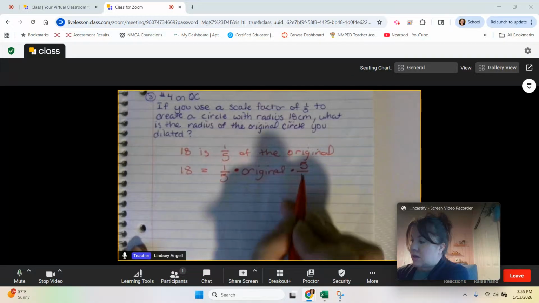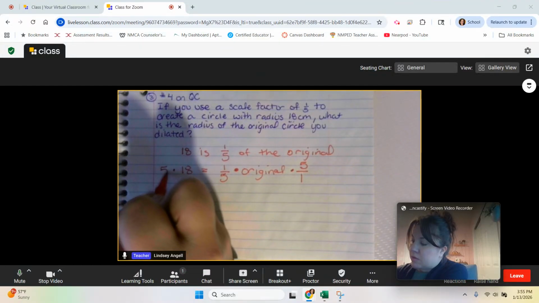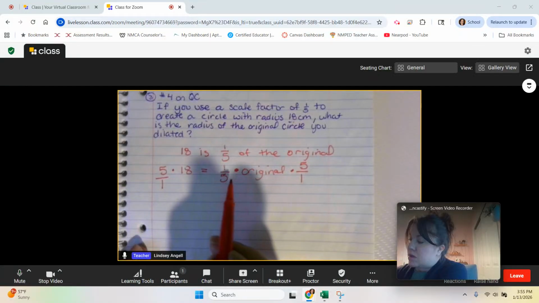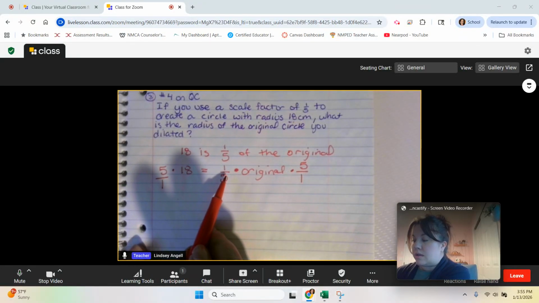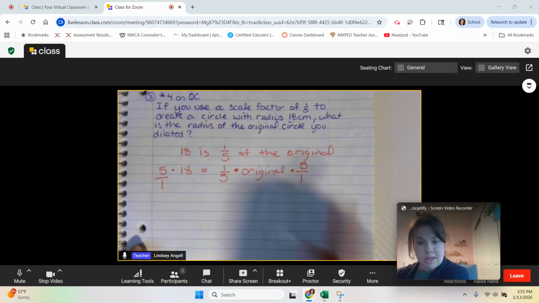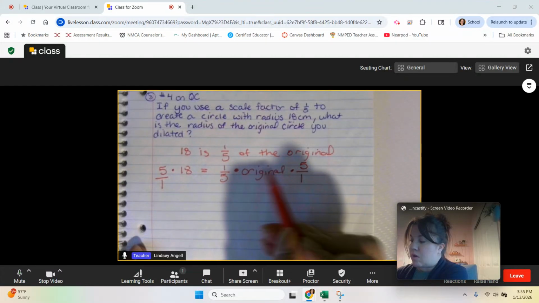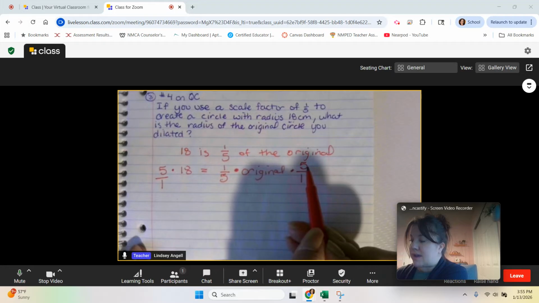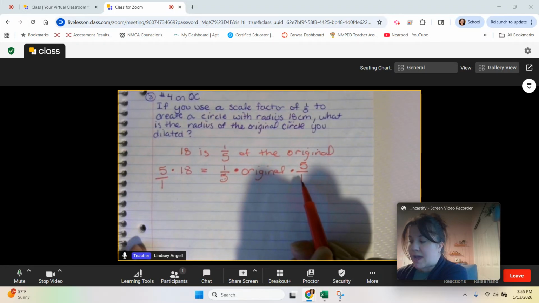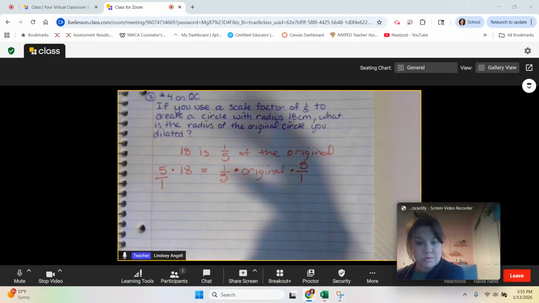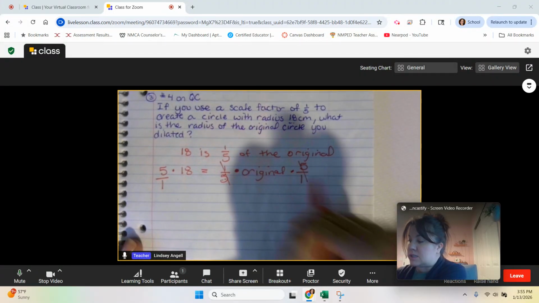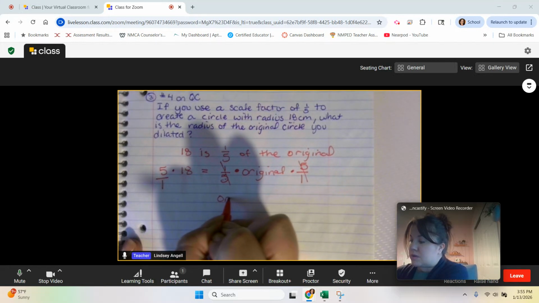Whatever you do to one side of an equation, you have to do to the other. When you multiply reciprocals together, they equal 1. They cancel each other out, because 5 over 5, 1 times 5 is 5, 5 times 1 is 5, 5 over 5 equals 1. So we're just left with the original.